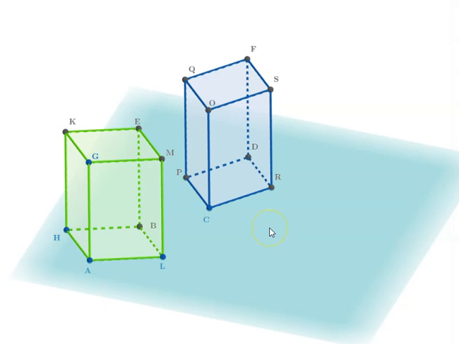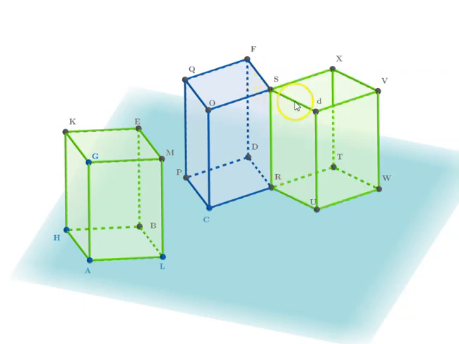The first step in the construction part of it is we are going to copy this parallelepipedal solid at R. If you notice, this solid is at an angle to this solid.